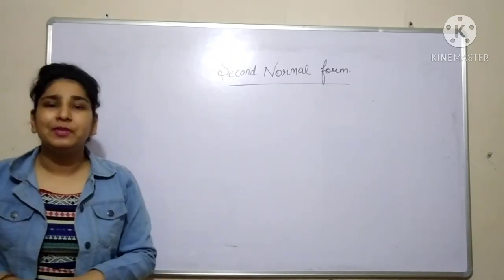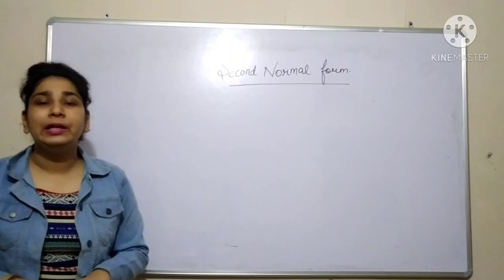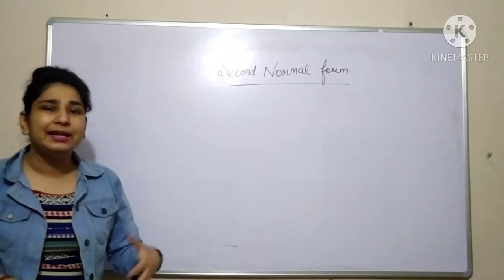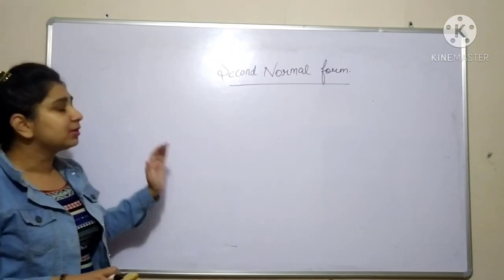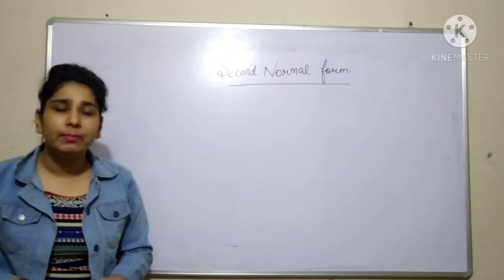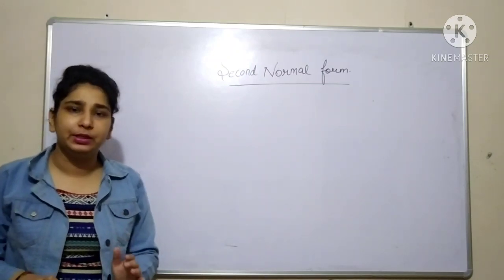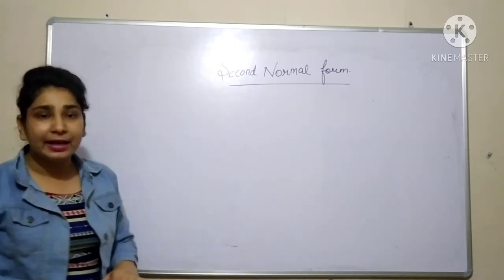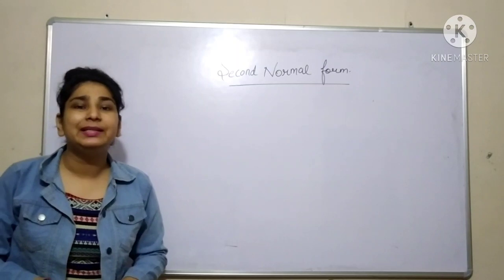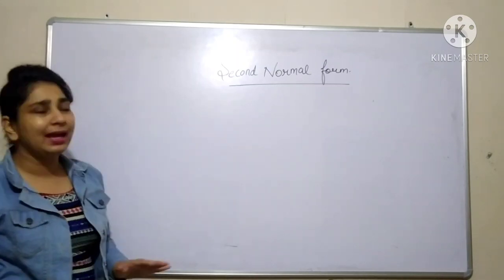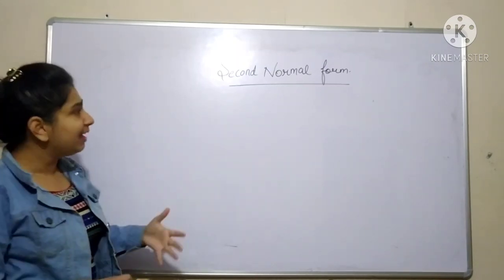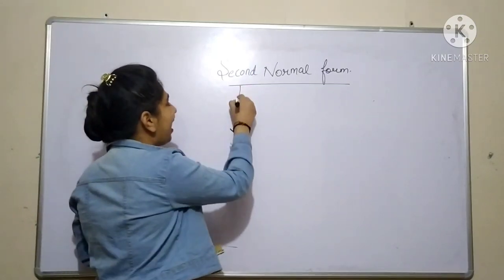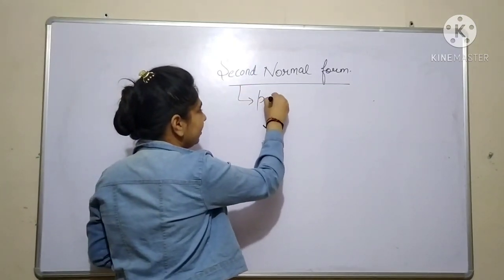In the first normal form we looked at how we can remove the redundancy which comes when you store a multi-valued attribute in your relation. In the second normal form we will discuss how we can remove the redundancy which occurs through partial dependency.